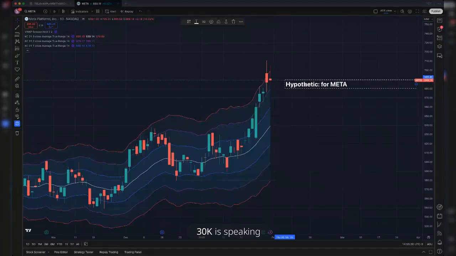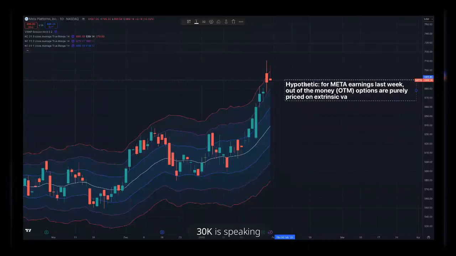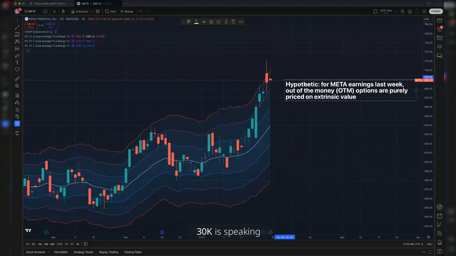For Meta earnings last week, out of the money, OTM, which is what Randy buys almost exclusively, OTM options are purely priced on extrinsic value, right? Everyone gets that. There's no intrinsic value on an out of the money option.